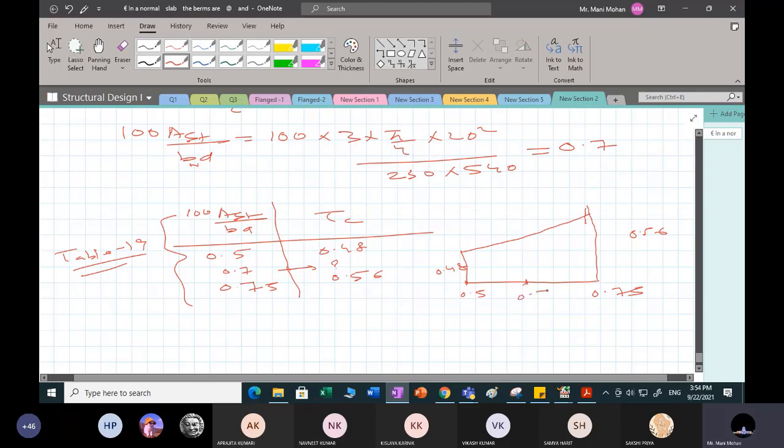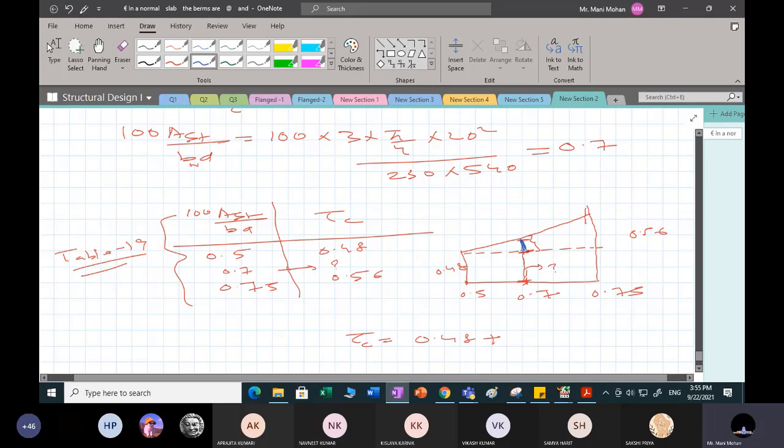Somewhere you have this 0.7, and I would like to know this ordinate. It becomes quite easy if you don't want to remember the formula. From here till here, this is 0.48, so I have to add something to 0.48. So tau c is going to be 0.48 plus this quantity.